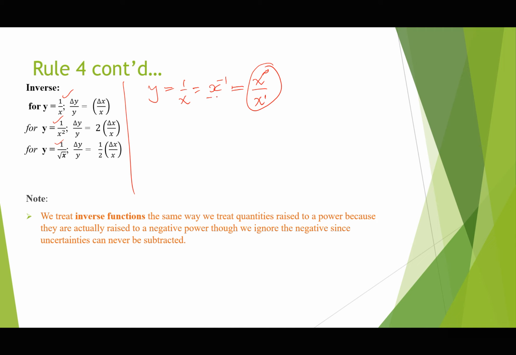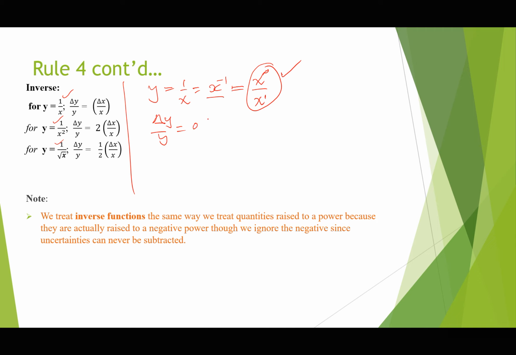Because when I use the other form, people will end up subtracting uncertainties, yet uncertainties are never subtracted. So this is division, because x power 0 is 1, and then divide by x power 1. Because of division, we add the fraction uncertainties. So the fraction uncertainty in y over y equals the power multiplied by the fraction uncertainty.